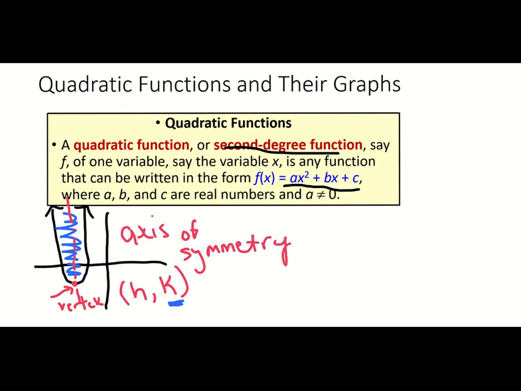You'll notice it's a vertical line, and vertical lines are your x equals equations. So if they ask you for the axis of symmetry, they're actually looking for the h value in your vertex. And these are all things that we're going to look at as we move through our quadratic functions.